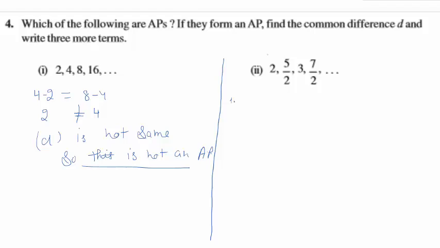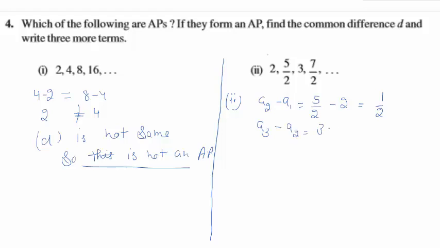Now in the second part, 2, 5 by 2, 3, 7 by 2. The common difference is half. If I subtract A2 minus A1, my A2 is 5 by 2 minus A1, that is 2, then this is half. Now write A3 minus A2.